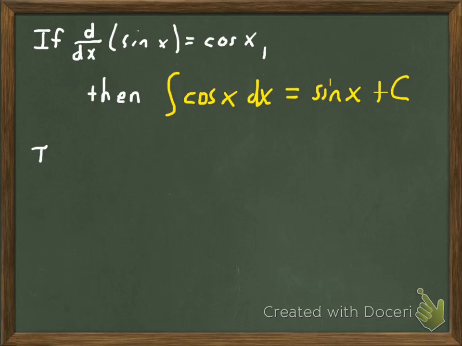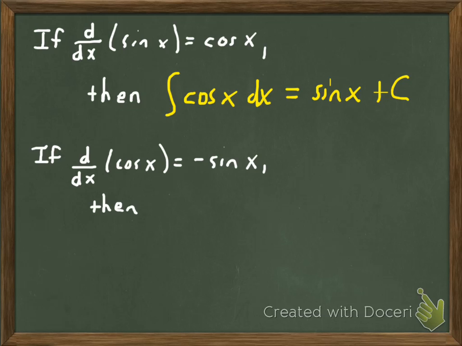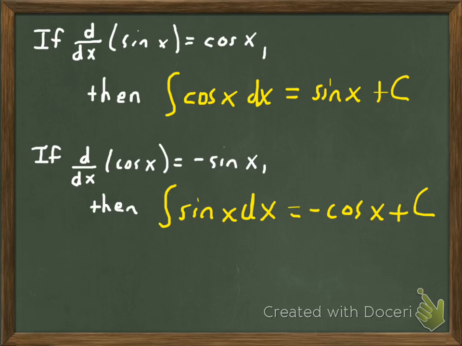Alright, now similarly, you know the derivative of cosine of x is equal to negative sine x, correct? And so if we apply the same kind of logic, we could conclude that the integral of the sine of x with respect to x would be equal to the opposite, or the negative, cosine of x plus c.